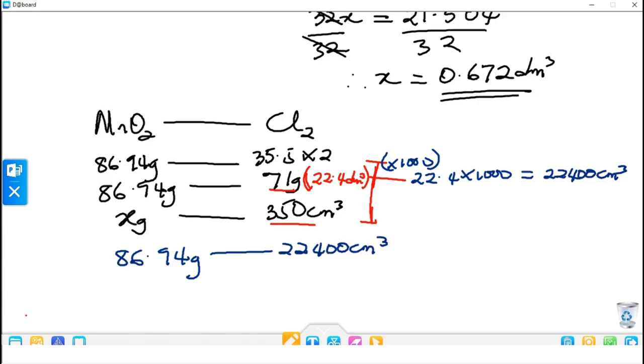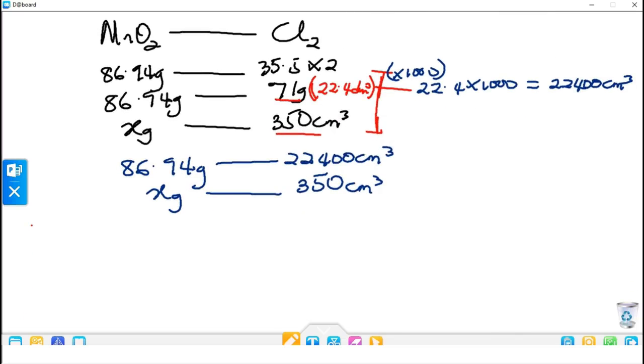Now the question comes, what mass of MnO2 will give us 350 cm³ of chlorine? And we have established what will give us our answer.